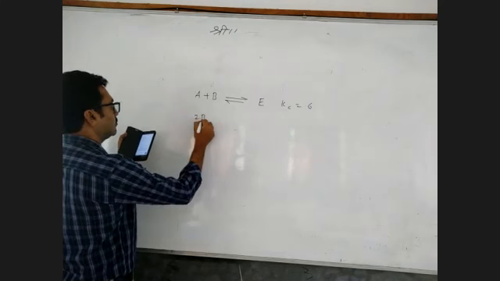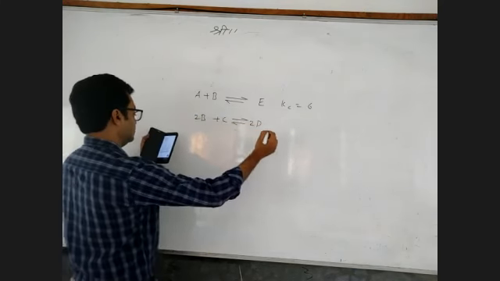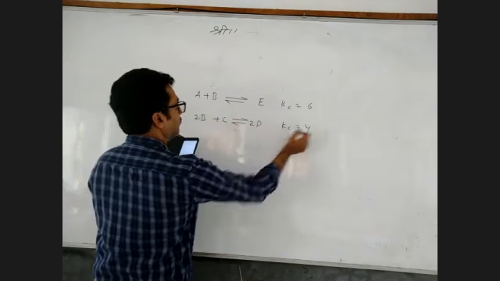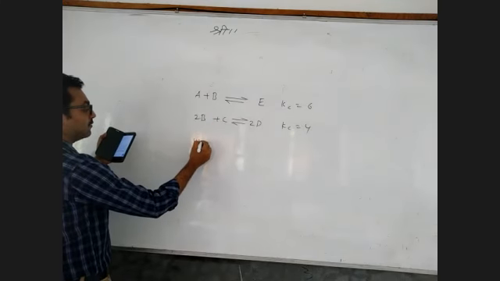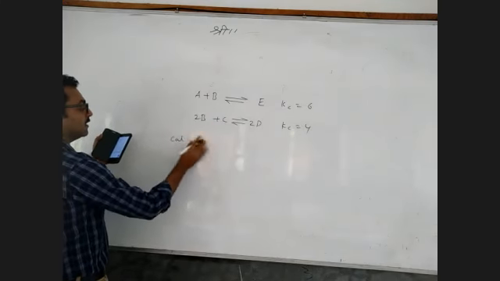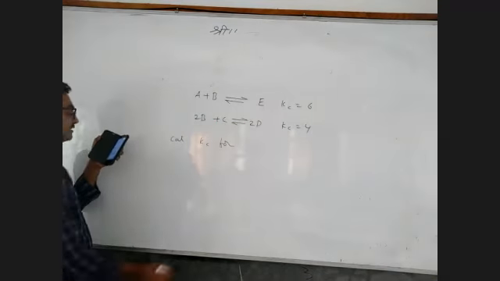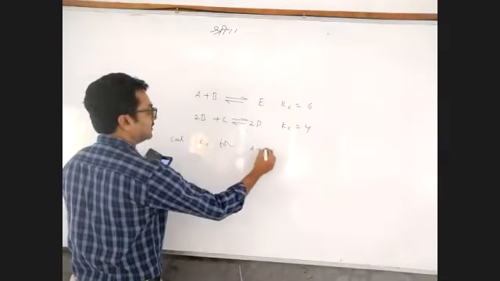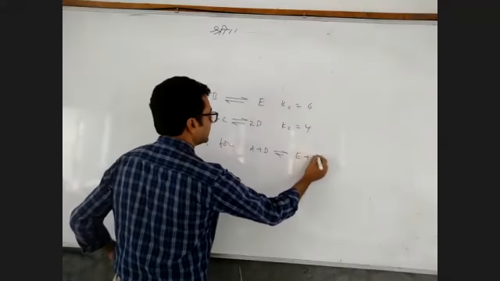Don't tell out. 2B plus C gives rise to 2D, its Kc value is 4. Now, what will be the equilibrium constant? Calculate Kc for A plus D gives rise to E plus C by 2.